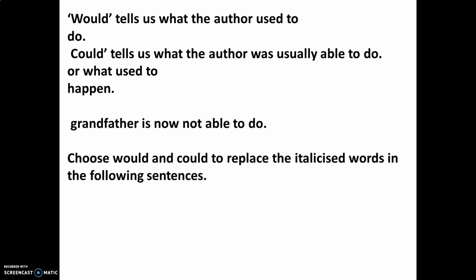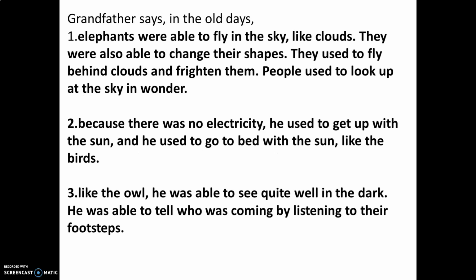Look at these sentences. A picture is shown here. Would tells us what the author used to do. Could tells us what the author was usually able to do or what used to happen. Now, grandfather is now not able to do. Choose would and could to replace the italicized words in the following sentences.